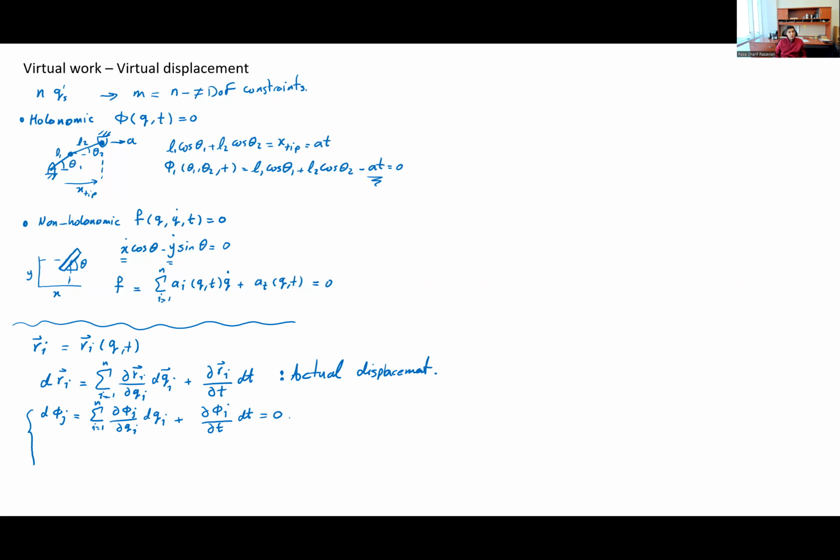So this is the constraint in differential form, and the dq's have to satisfy these equations.